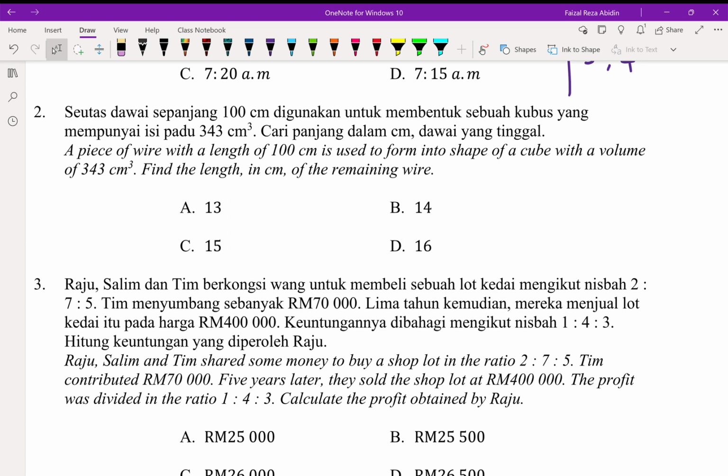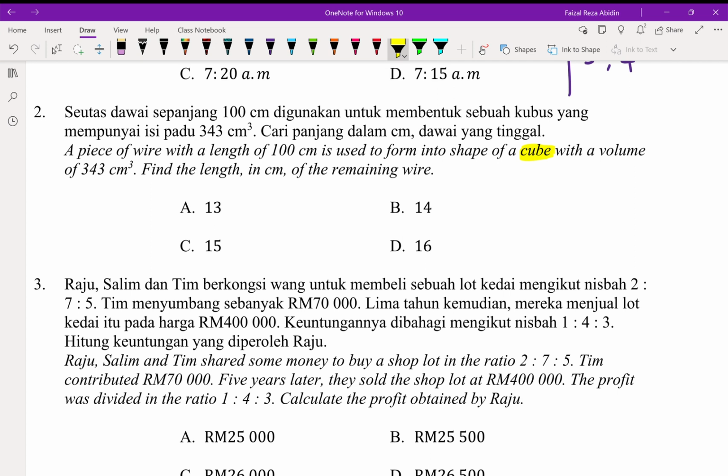You are going to form it into the shape of a cube. What does it mean by a cube? Kubus lah. The properties, yes, semua sama. So every length, the width, the height is going to be the same.